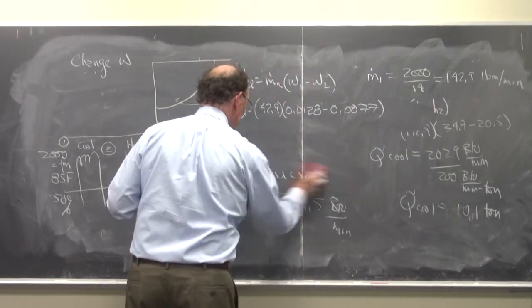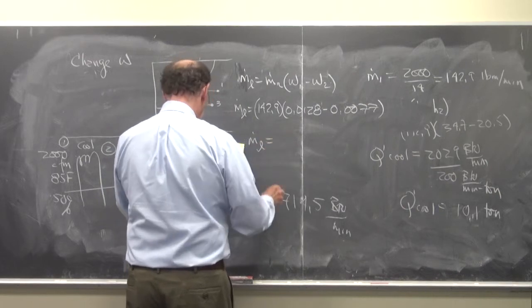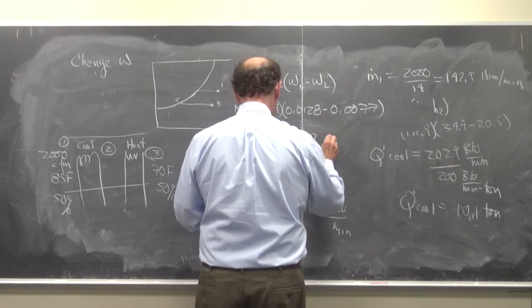And so what we have is the mass flow rate of the liquid is equal to 0.729 pounds mass per minute.